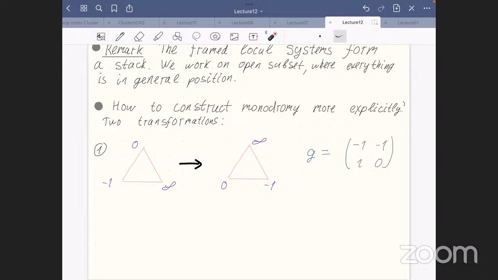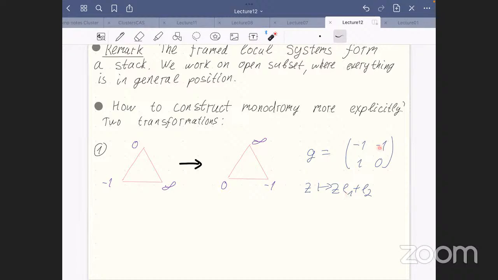So I assume that here, when I write Z, it corresponds to the vector Z1 plus E2. So the 0 corresponds to the second basic vector E2. Could it be so? Yes, could be so. And infinity corresponds to the first basic vector E1.